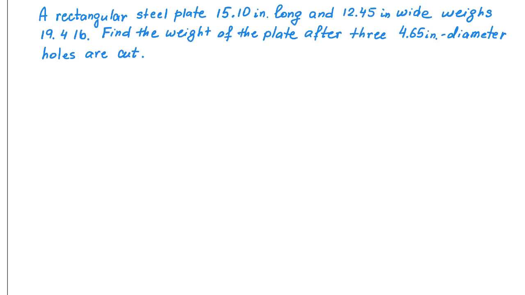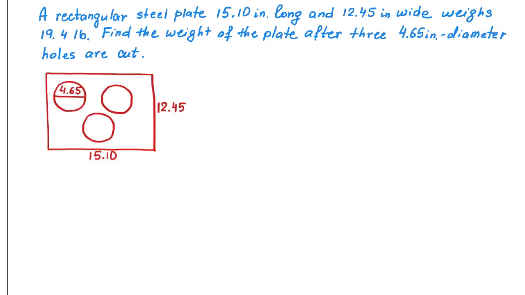Let's start by drawing the plate and the holes that will be removed. So here we have the plate with the given dimensions and the 3 holes that are cut. Also, each of these holes has the diameter of 4.65 inches.